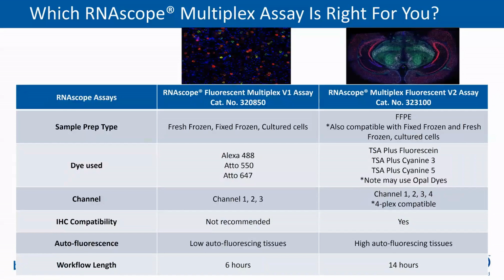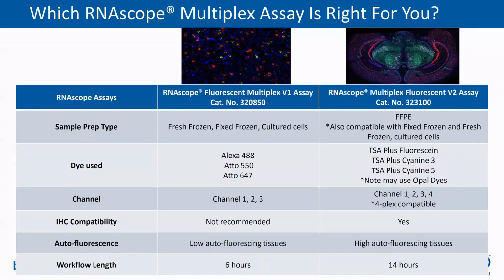Version 1 of the assay is compatible with fresh frozen, fixed frozen, and cultured cells. It can detect up to 3 targets. At this point in time, it is not recommended to be used for IHC and is recommended for low autofluorescing tissues. The workflow length for the V1 assay is 6 hours.